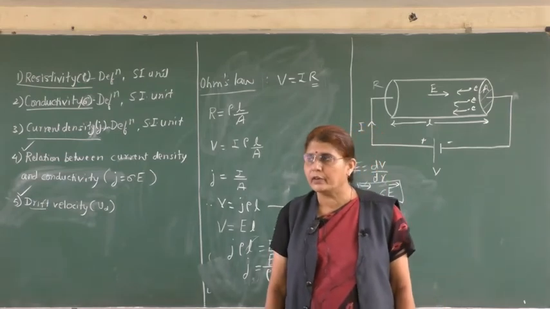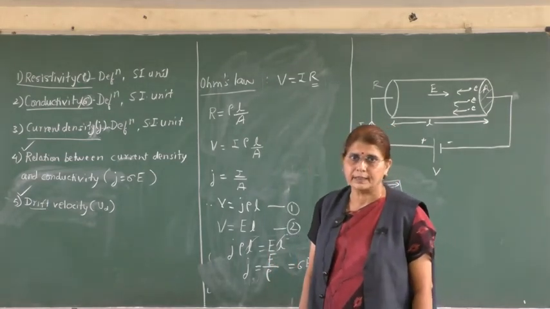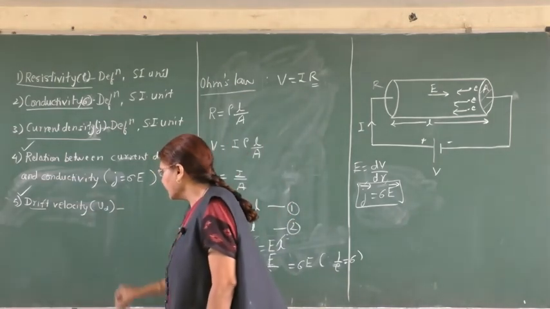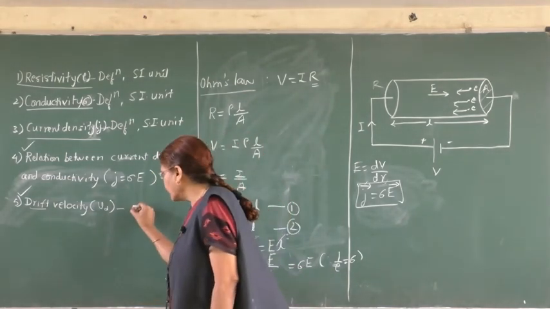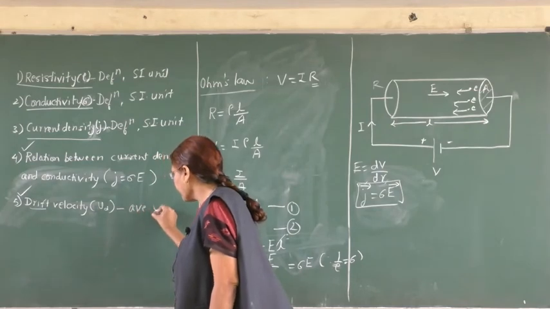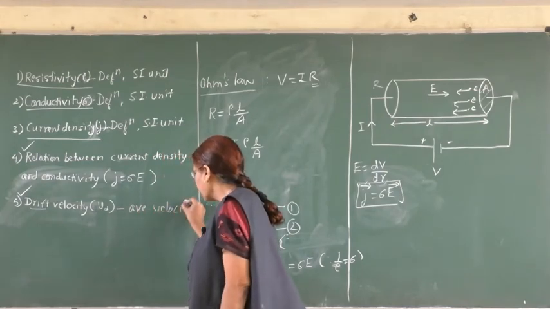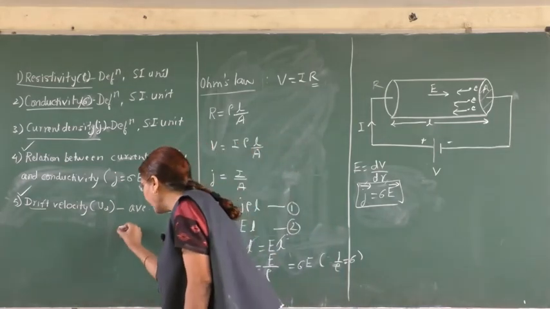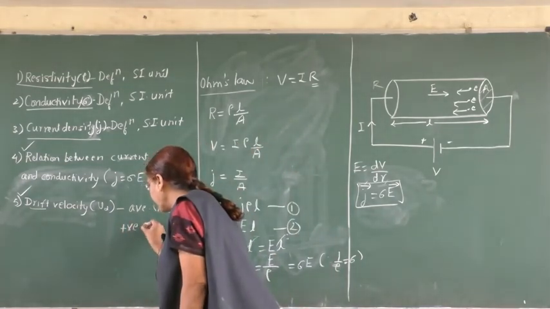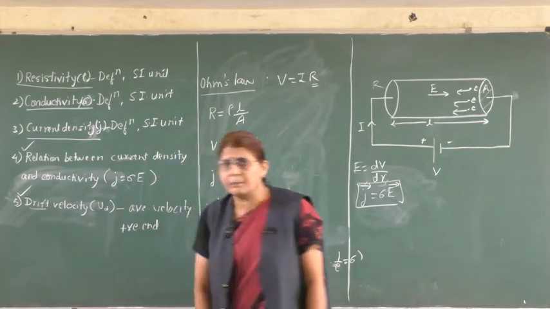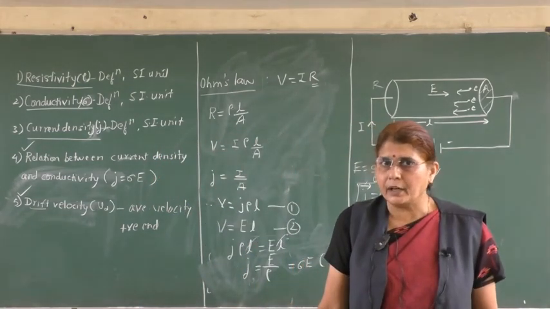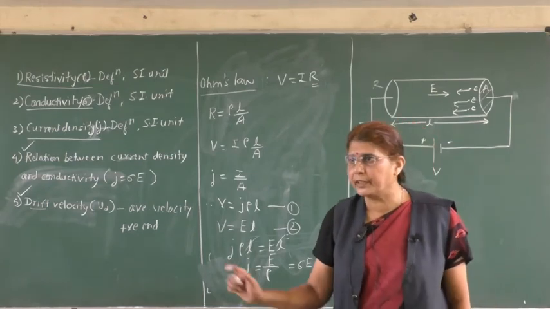Now what is the exact definition of drift velocity? Very important question. Drift velocity is defined as the average velocity with which the free electrons are drifted towards the positive end of the conductor when the battery is connected to it or a potential difference is applied across it. So I repeat the definition once again.